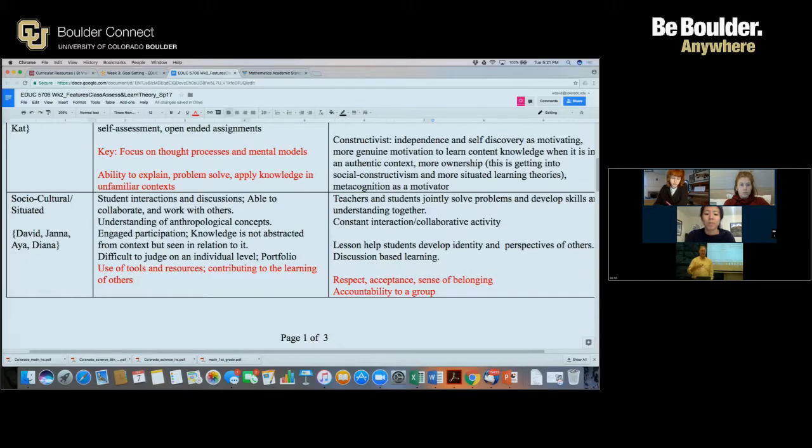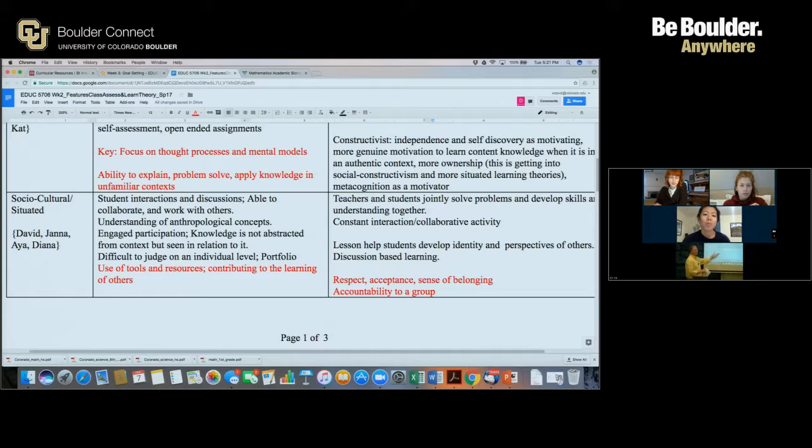Does someone take on more of a participatory role, or are they just on the fringe? Are they more engaged in contributing, or are they just waiting to see if their ideas are valid? There's this negotiation of social acceptance, respect, and a sense of belonging that comes with this. So that is a motivator that drives sociocultural learning.